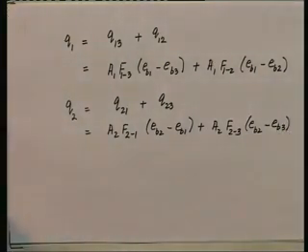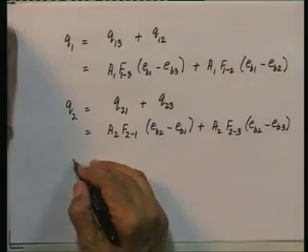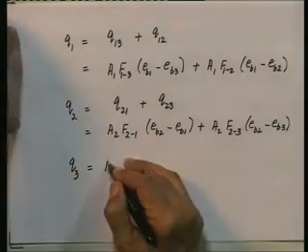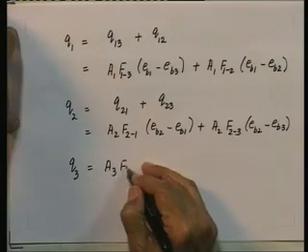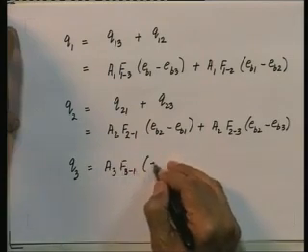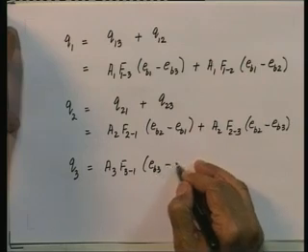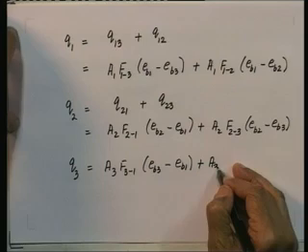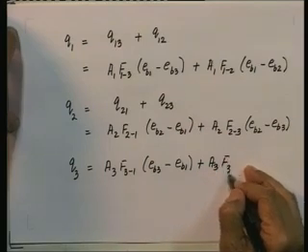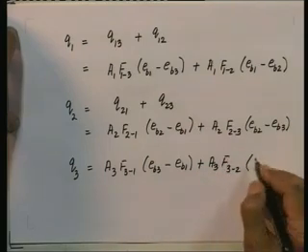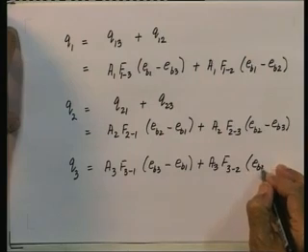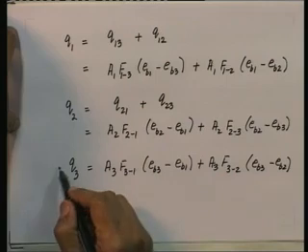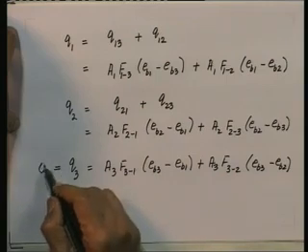And finally, for surface 3 I can say Q3 is equal to A3 F31 (EB3 minus EB1) plus A3 F32 (EB3 minus EB2), and we know that Q3 is equal to 0.